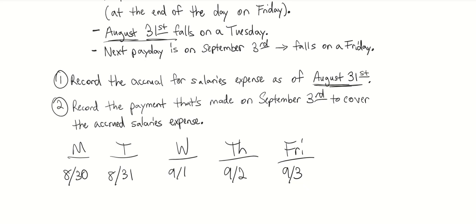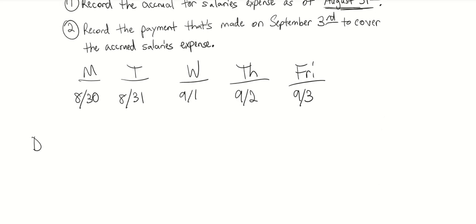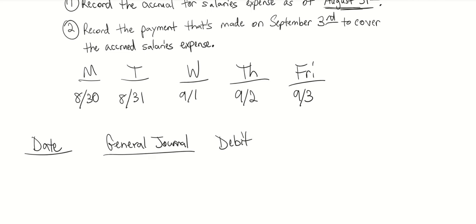Okay. So record the accrual for salaries expense as of August 31st. I'm going to set up this beautiful journal here with the date, general journal or account. I use account sometimes. Then we have debit and credit.